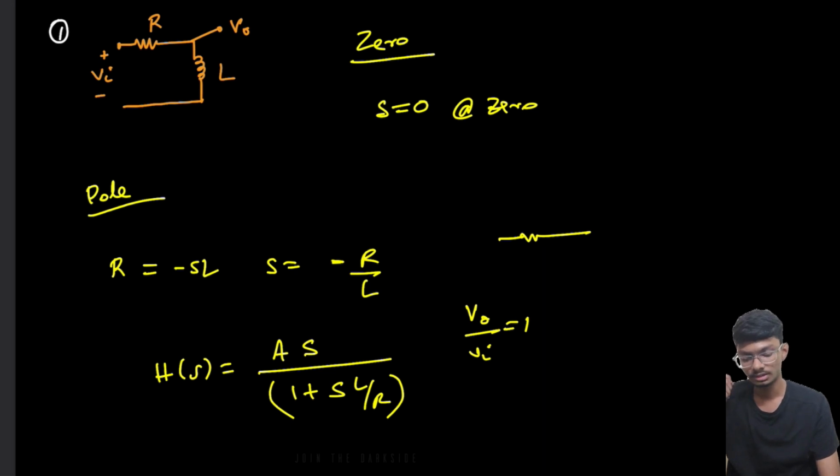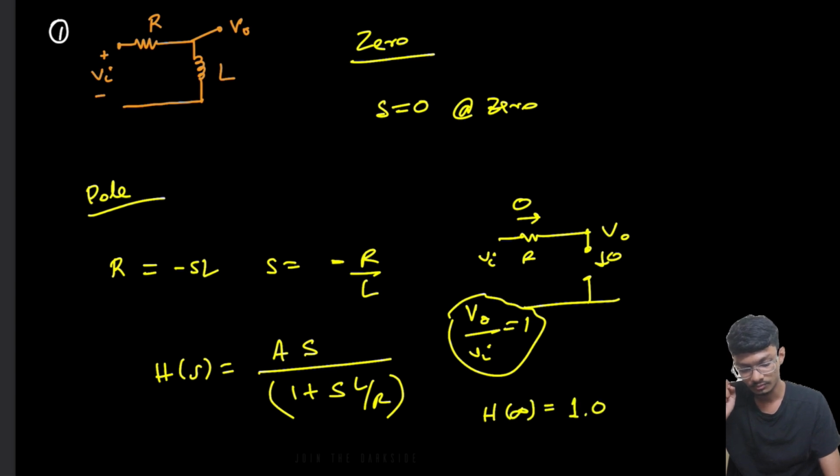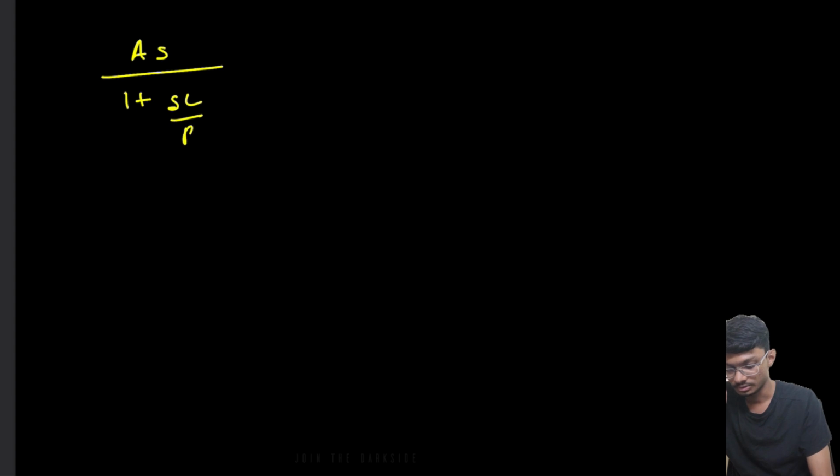At s equals infinity, the impedance becomes infinite, so this is an open circuit, and this is R. So the current through this is 0, the current through here is 0, hence Vi equals VO. So VO by Vi equals 1, so at H of infinity we are getting 1 as gain. If we put s equals infinity in that equation, only the coefficients of s will remain. So L by R equals 1, so A equals L by R.